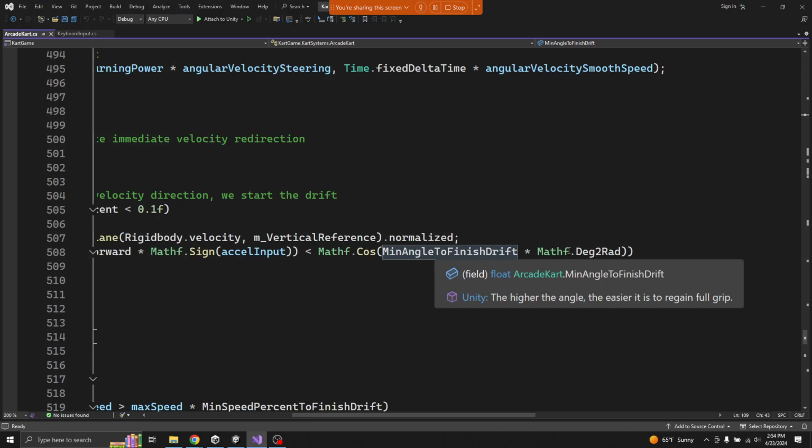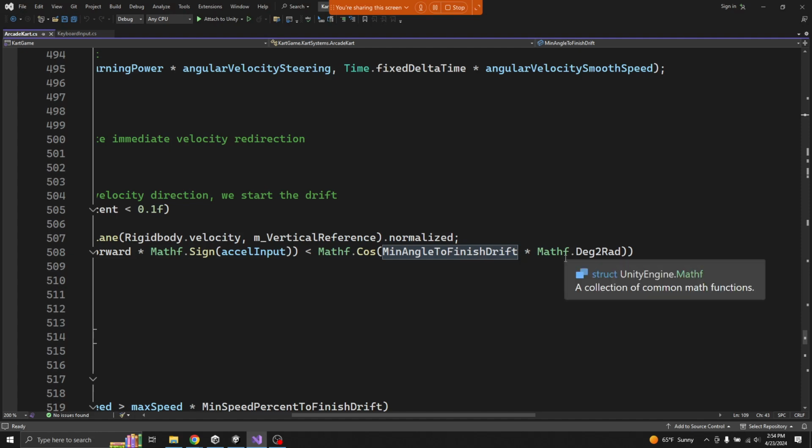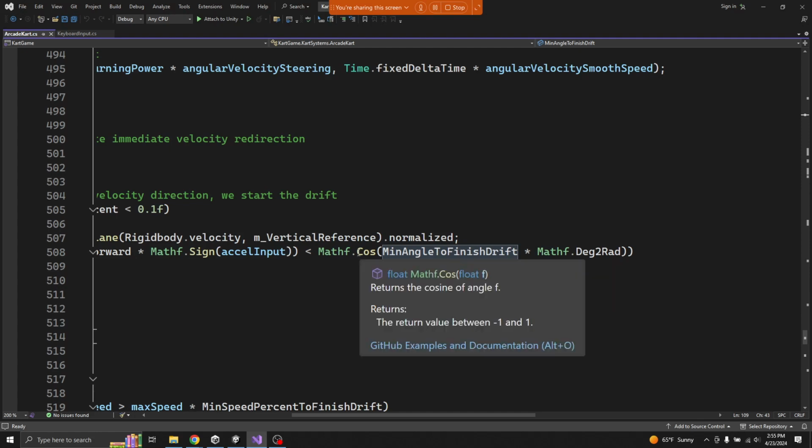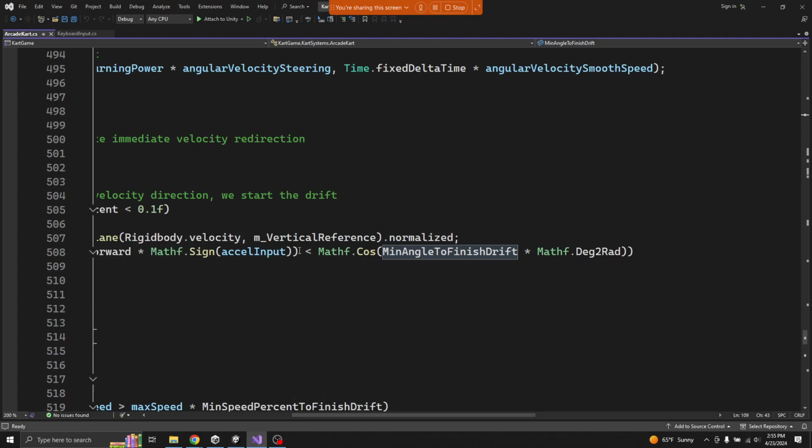And then I also see that there's a conversion here, degrees to radians. So that also gives you another hint that this was in degrees because we're converting from degrees to radians. So MathF has that just comes out to be a constant. You see it's just that number. So we multiply it by this, and we take the cosine of that, and if it's less than this.